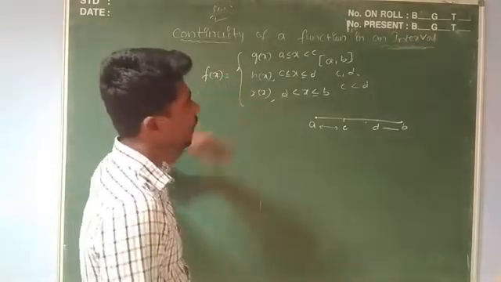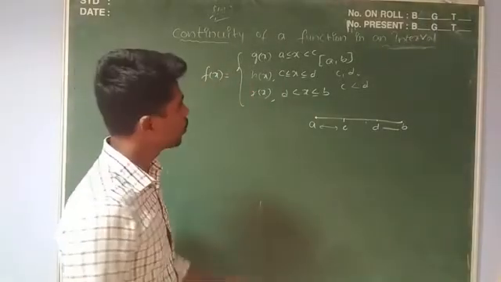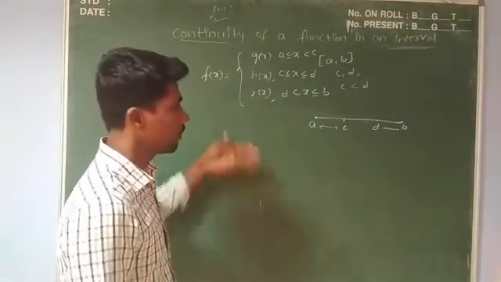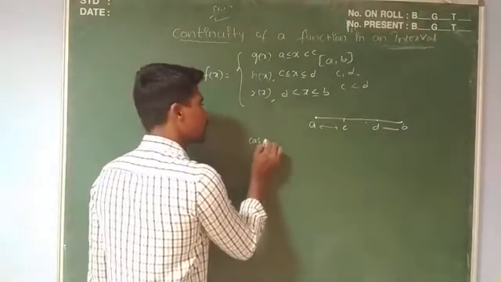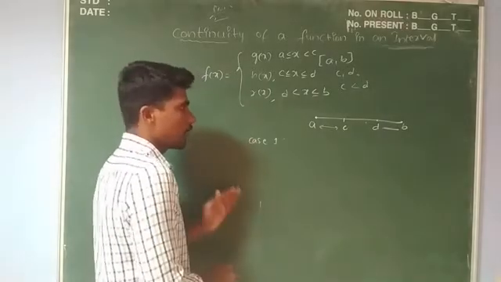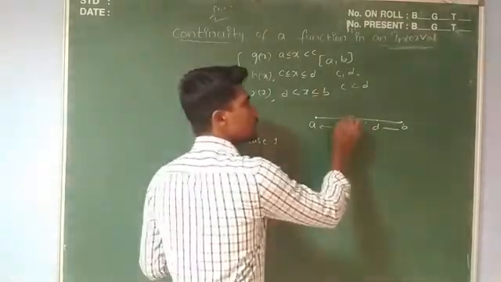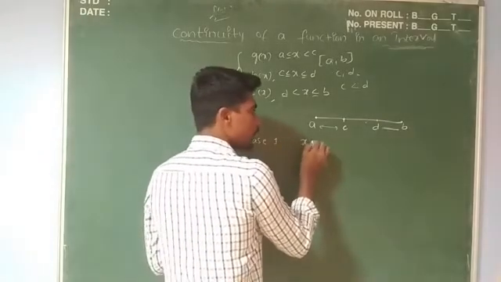Then how can I examine whether the given function is continuous or not? To say the given function is continuous, we have to go through different cases. What are the cases? Case 1: we must examine whether the function is continuous at x equal to c.